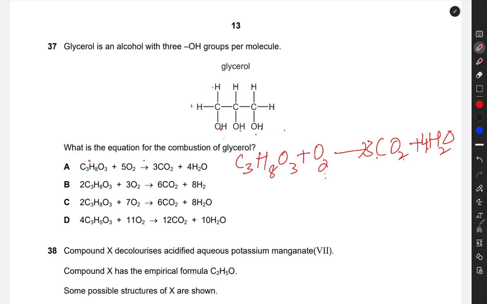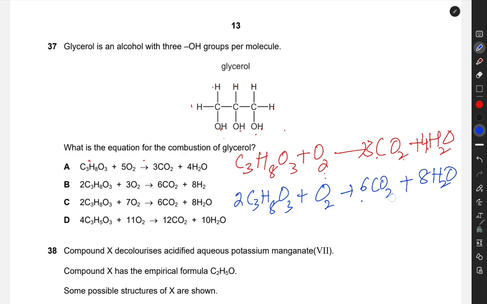By multiplying this equation by 2, except oxygen, then we multiply oxygen later. 6 CO2 plus 8 H2O.